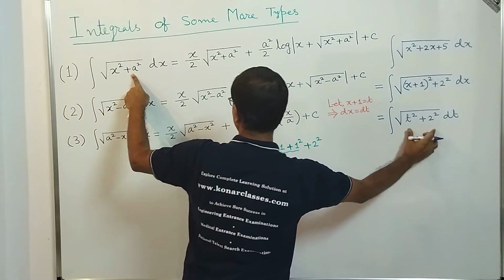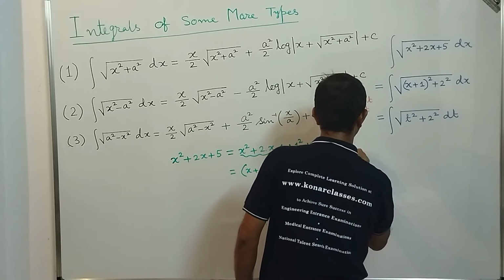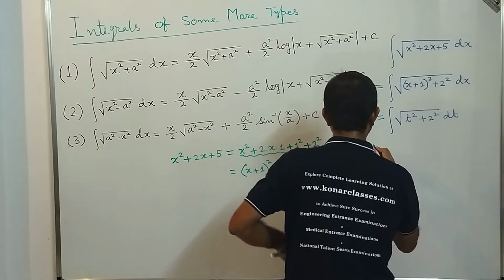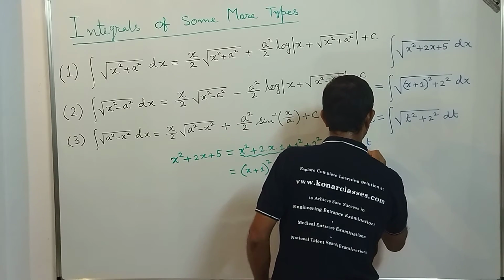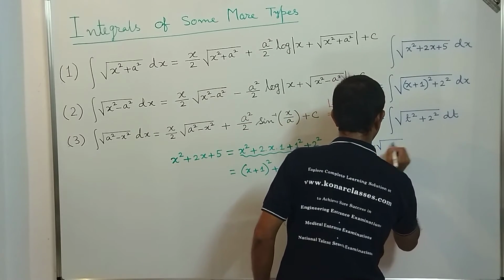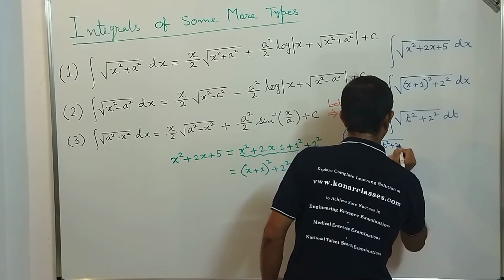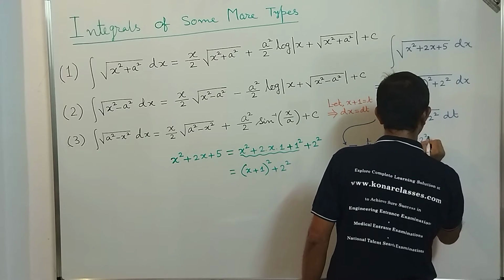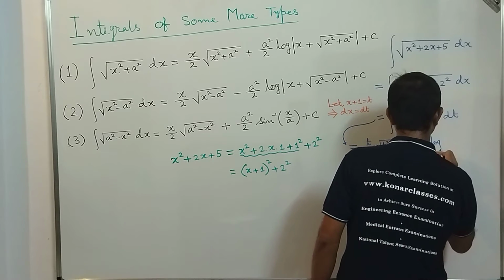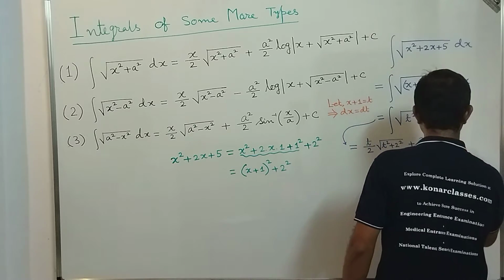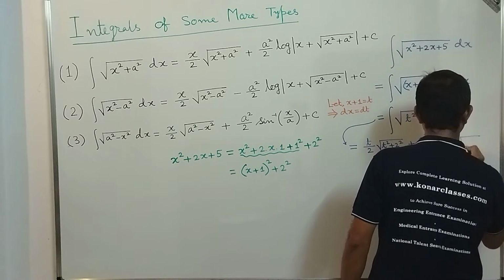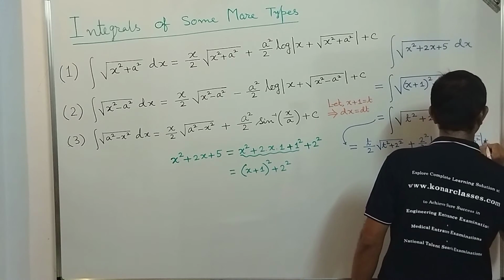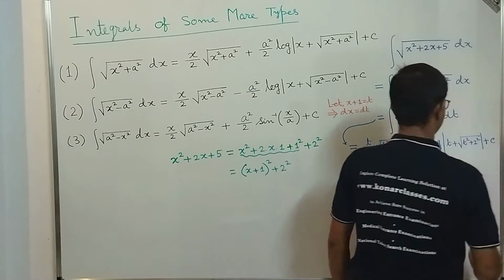If you look at these two formulas, what will it be? From here it will be t by 2 into square root of t square plus 2 square, plus a square by 2, meaning 2 square by 2, into log mod t plus square root of t square plus 2 square, plus the integrating constant c.